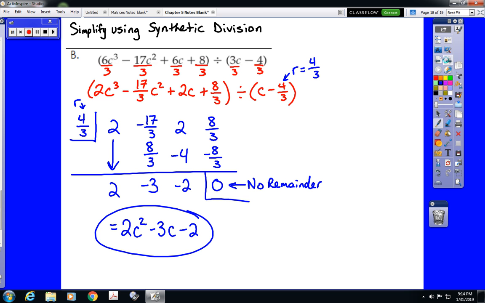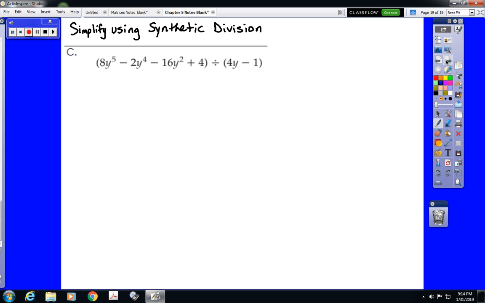The final example of synthetic division is this one here. It's really going to test you because if you don't notice, you need to look closer. There are 2 terms missing and we're not in the correct format. So in order to get into the correct format, we're going to have to divide everything in the whole problem by 4. Some of those reduce, some of those divide evenly, well, actually they all either divide evenly or reduce.